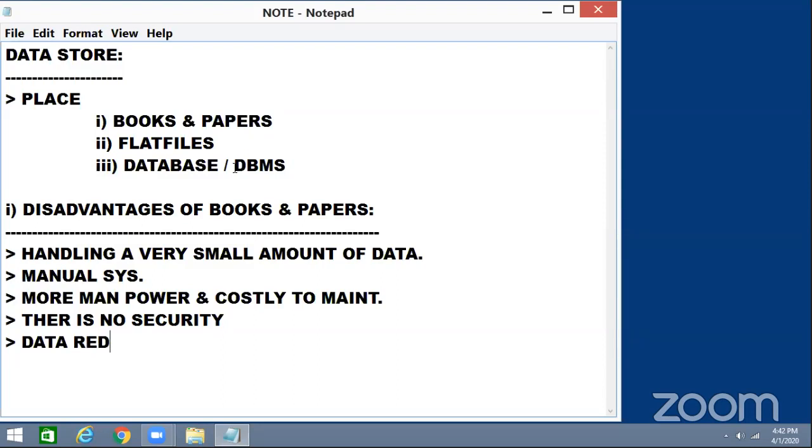What does redundancy mean here? Duplicate data.